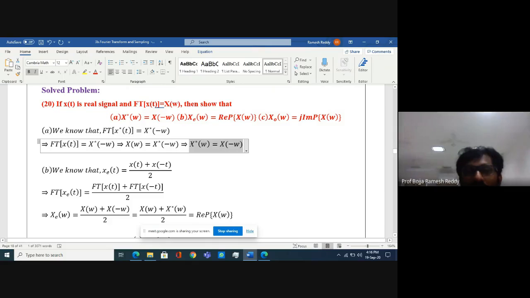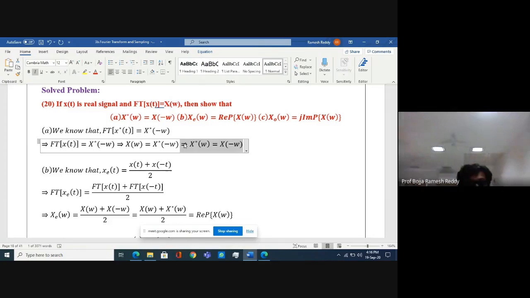The meaning of this is, if x of t is real, then X of omega and X of minus omega are complex conjugate pairs. Very clear and simple statement. If x of t is a real signal, then X of omega and its folding form are complex conjugate pairs.